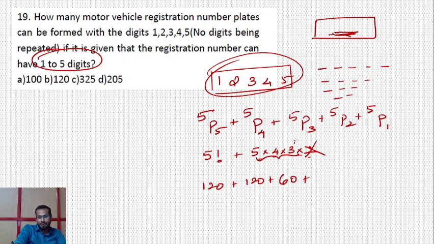Plus 5p2 means only 2 digits: 5 into 4 is 20, and the next one is 5. So just add all the numbers: 120, 120, 240, 240 plus 60 is 300, and 325 is the right answer.